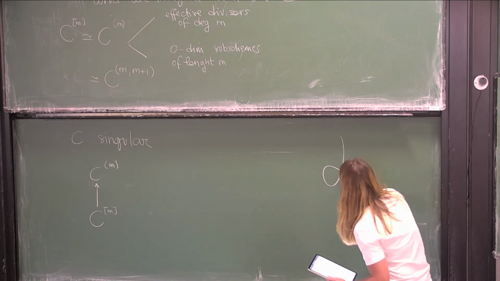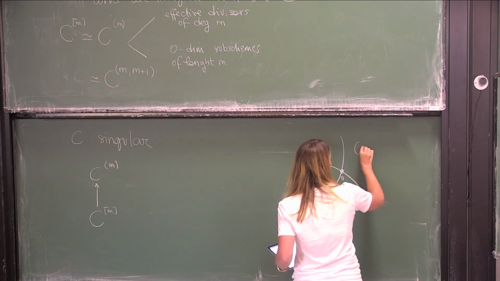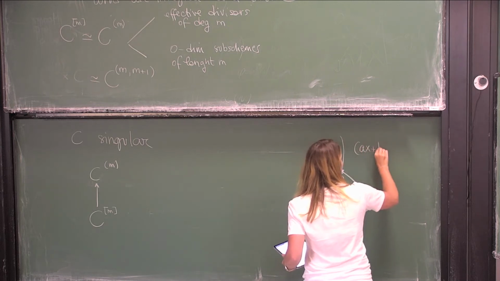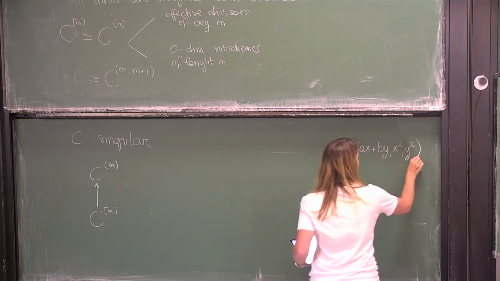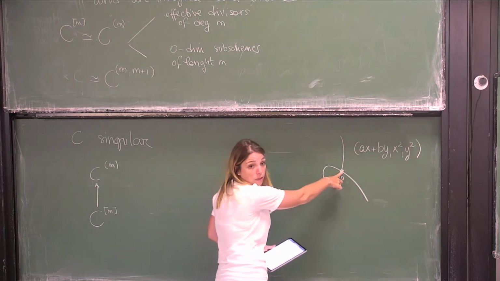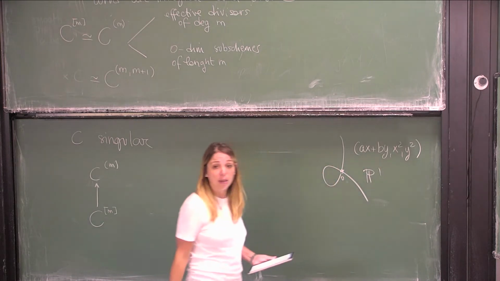For example, if I take the node to be the origin, all subschemes of type ax, by, x squared, y squared will be supported on this node. So in this case, I have a whole P1 of subschemes.